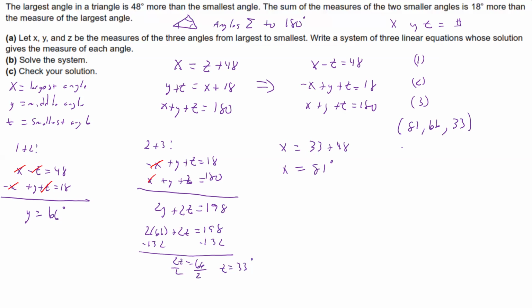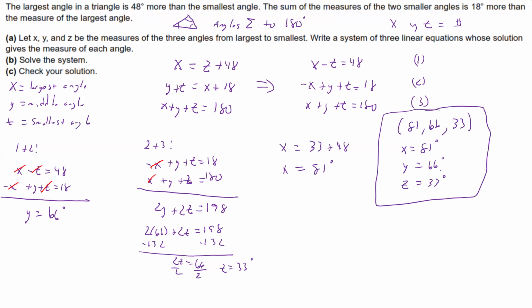Okay, so that's the ordered triple, or I can say X equals 81 degrees, Y equals 66 degrees, and Z equals 33 degrees. That depends on if they want the ordered triple or the actual angles written like this. Now, does it make sense? Does it go largest to smallest? Well, it goes 81, 66, 33. So we're at least in the right ballpark here.